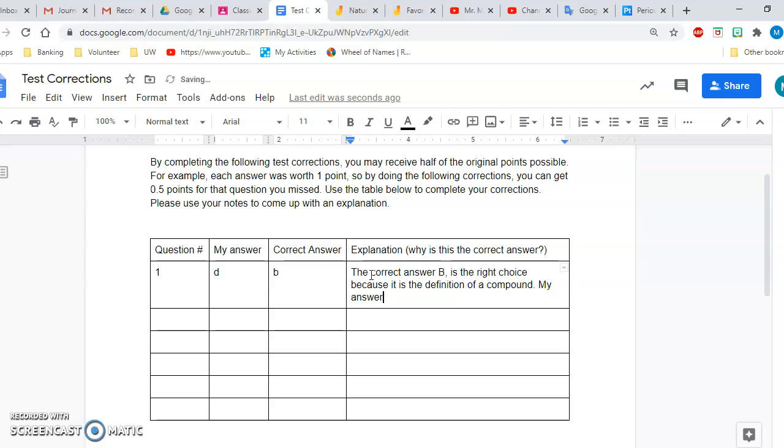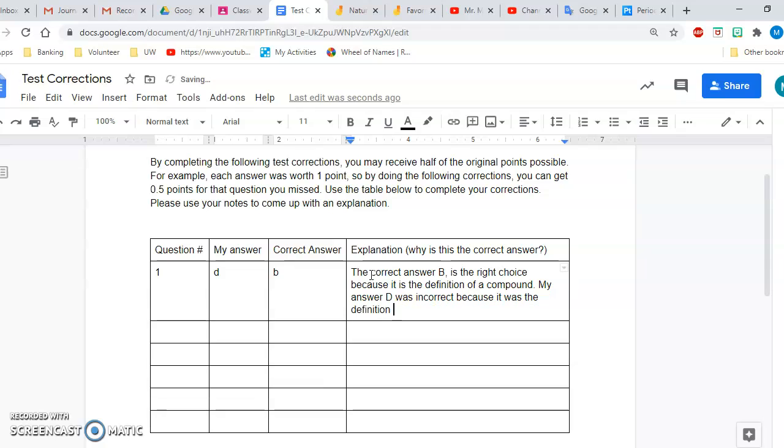My answer D was incorrect because it was the definition of an element.